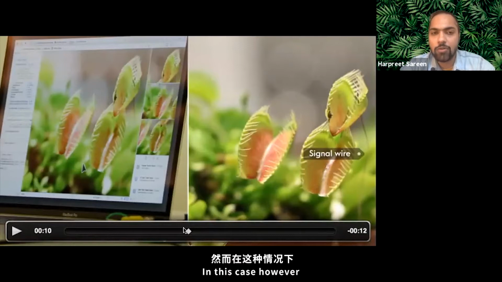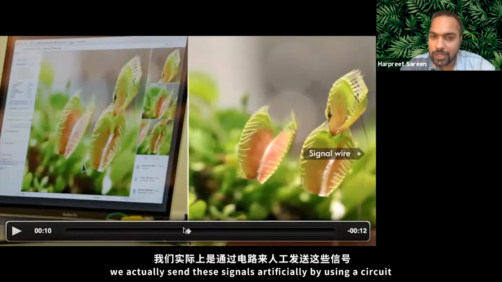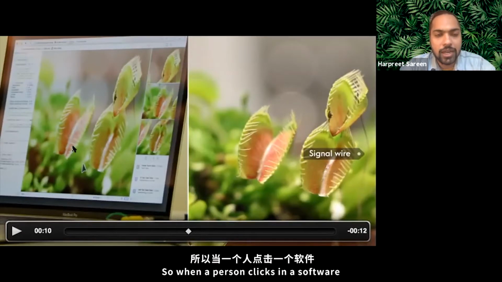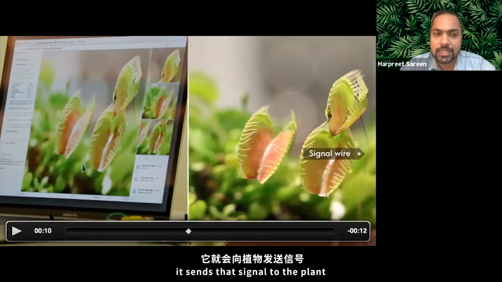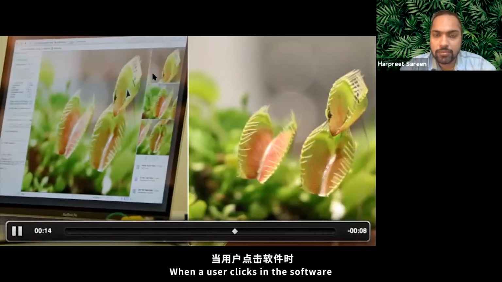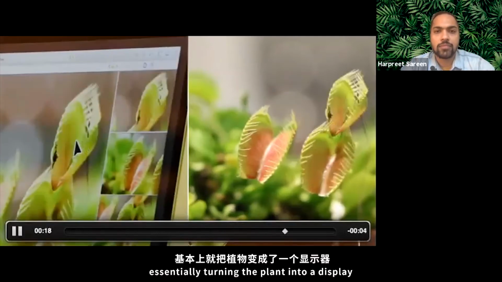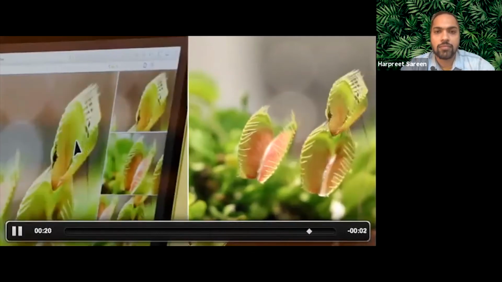In this case, however, since we already know what signals plants produce when they close, we send these signals artificially by using a circuit. So when a person clicks in the software, it sends that signal to the plant, and then the plant automatically closes. When a user clicks in the software, the corresponding leaf is closed, essentially turning the plant into a display.